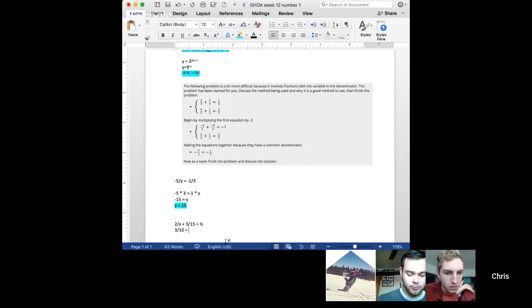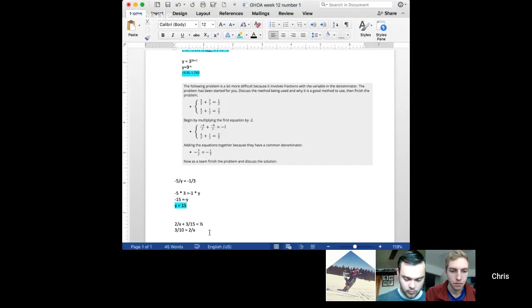That equals 2 divided by x. And then we have that times 2, which is... No, it wouldn't be times 2. You'd have to divide it by 2 again. But an easier way to do it is to work from the other side. So you multiply both sides by 10. So that'd be 3 equals 20 divided by x.